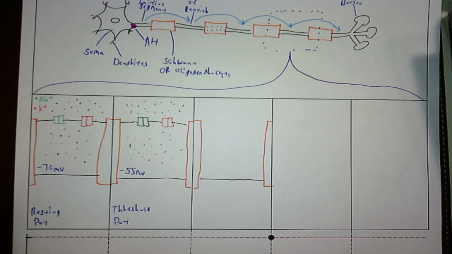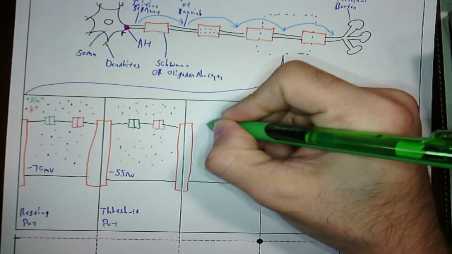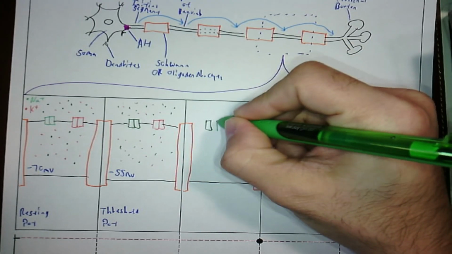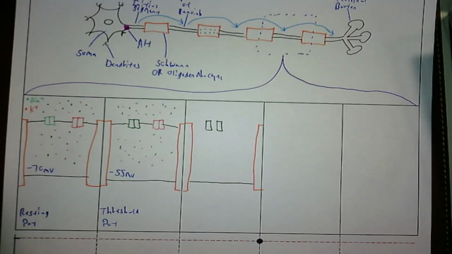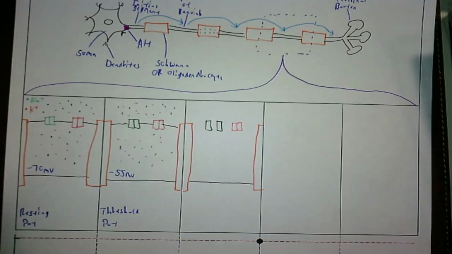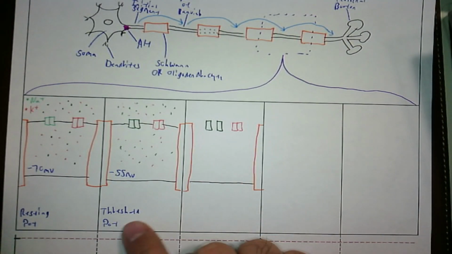And what's going to happen is that our sodium channel is actually going to open in this panel here. So I'm going to draw its space. There's a space now between it. However, our potassium is going to remain closed. And again, this only occurred because we hit threshold and we reached our threshold potential.